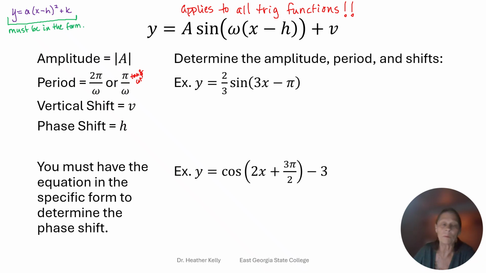In fact, you probably learned how to complete the square or some other trick to turn that into a squared binomial. So that's the same situation here. We must have the equation in the specific form to determine the phase shift, and this is the form.